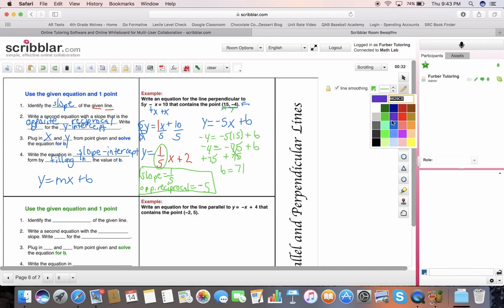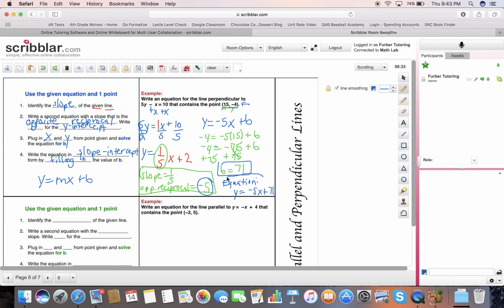So what's my equation? My equation has to include the slope, which I discovered was negative 5 because it's got to be the opposite reciprocal of the other slope that's given. And then my b, or my y-intercept, is 71. So the equation of the line that is perpendicular to 5y minus x equals 10 is y equals negative 5x plus 71.